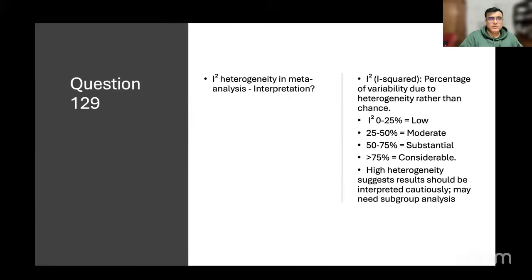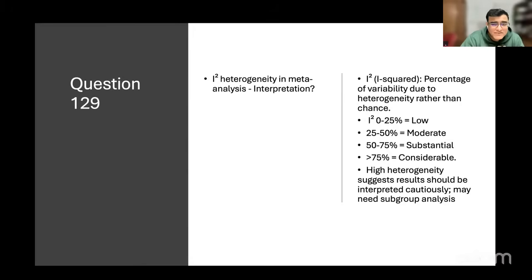So one more question was I squared, true heterogeneity in meta-analysis. How do you interpret it? So basically, I squared is the percentage of variability due to heterogeneity rather than chance. As the I squared value increases, your heterogeneity is more. So when you have higher heterogeneity, you have to be very careful in interpreting that data.